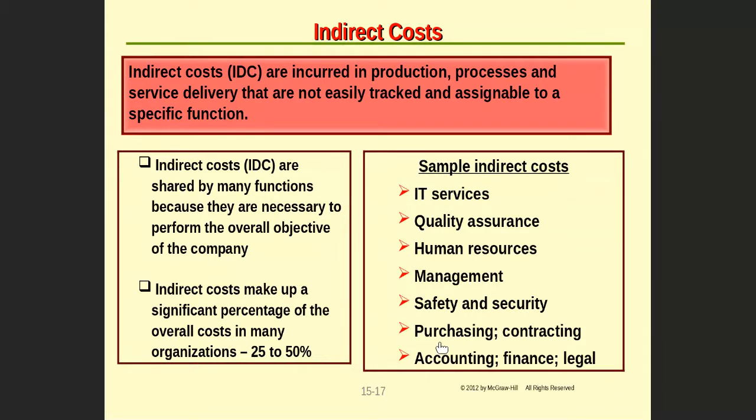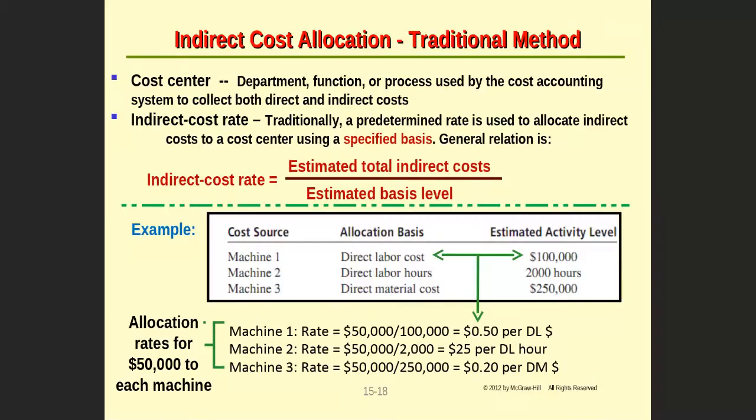The methods under the indirect cost consist of two methods that we will cover. There are many others, but we will cover only two methods here, which are the traditional method of cost allocation and the ABC method, which is the activity-based cost method.